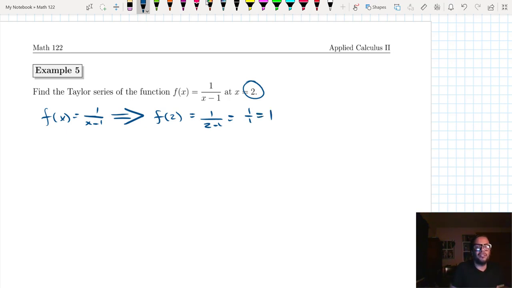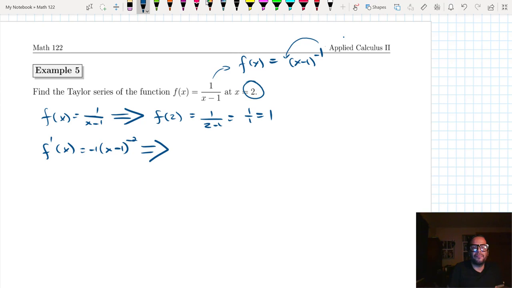Good. Take the derivative of this. I don't have space here to rewrite it, so I don't want to make this a mess. f of x equals x minus 1 to the negative 1. The first derivative will be negative 1 times x minus 1 to the negative 1 minus 1, which is negative 2.